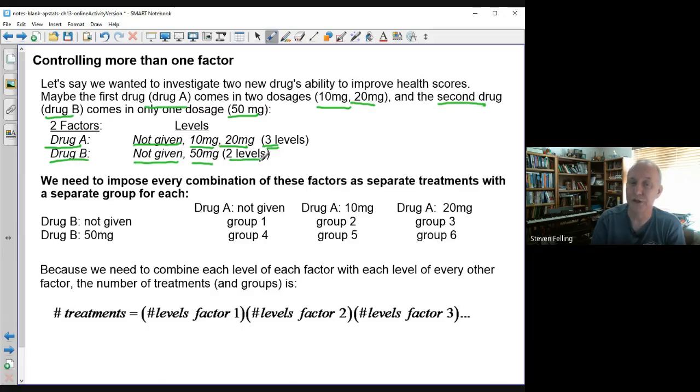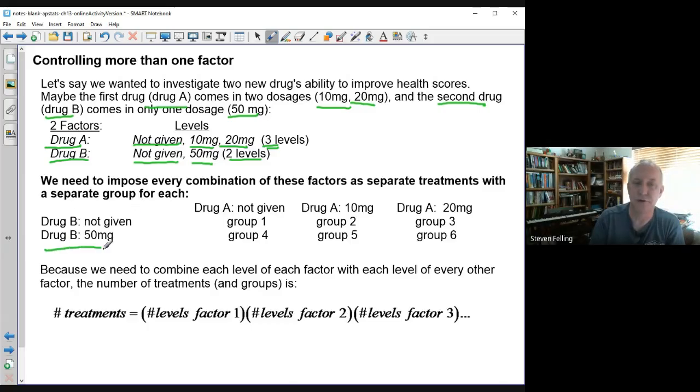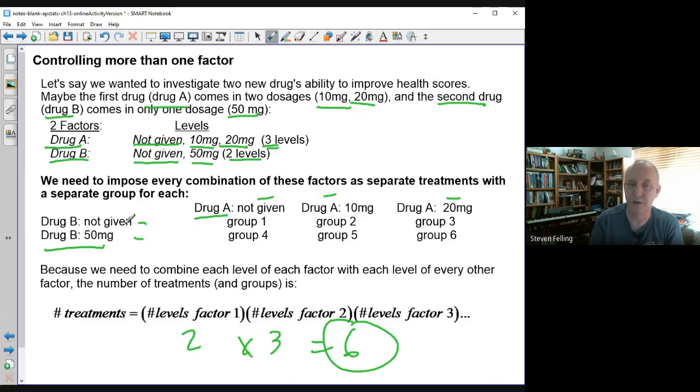So there's 2 levels. And so the way we conduct that is we take every combination of all of the levels of all of the factors. So in this case, we have this factor, drug B, which has 2 levels, and we have this factor, drug A, which has 3. So there's going to be 2 times 3, there's going to be 6 different treatments required, right? We're going to have a group that gives neither of the drugs.